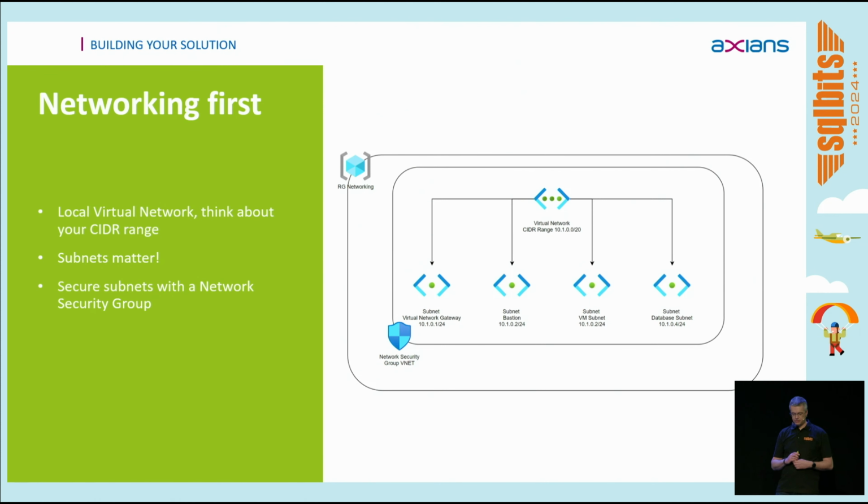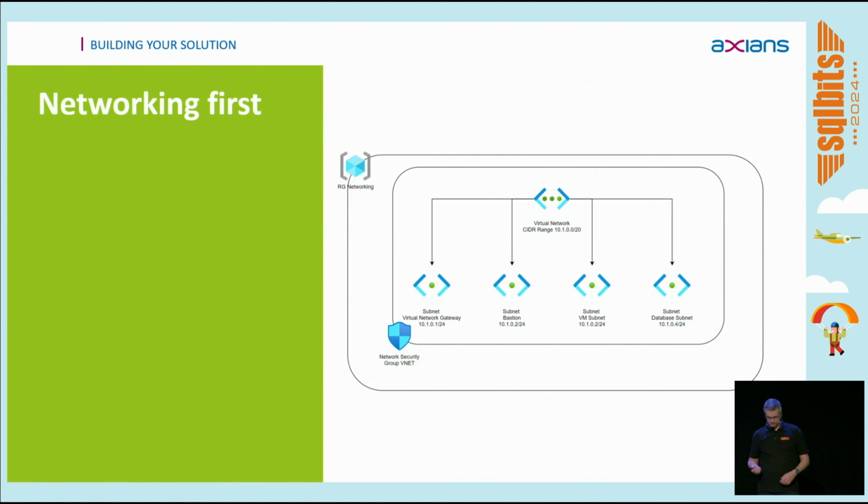Always secure your subnets with the network security group, meaning which traffic can come in, which traffic can go out. It's like a firewall, but it's not a firewall. It does not monitor all the levels of the TCP stack, but at least it's limiting all the networking stuff.